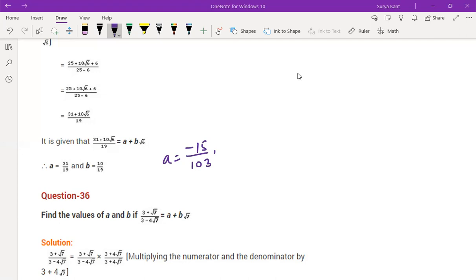Does everyone get the same answer or a different answer? Minus 37 by 103, this is for B. Just check. Shriyanvi got minus 15 by 103 and minus 37 by 103 for A and B.